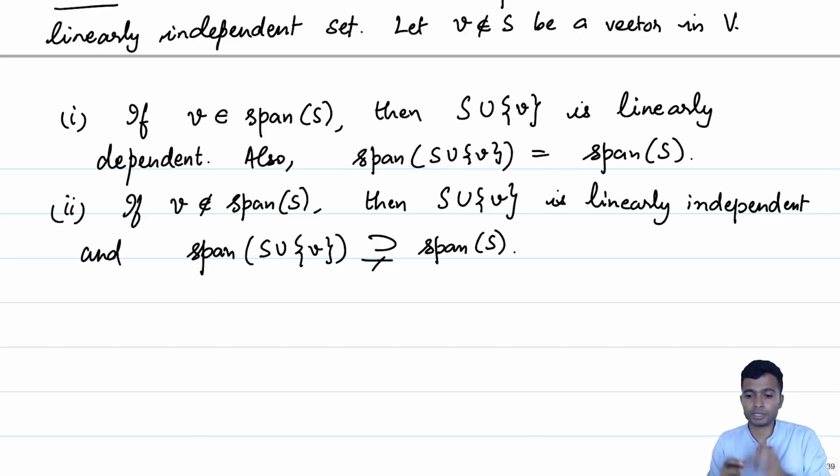So, a basis in some sense is that optimal set which is linearly independent and at the same time a spanning set. You remove one of them, the spanning property is lost. If you add one of them, the linear independence is lost. So 1 is quite deep in that aspect, the statement 1. And what about 2? 2 is telling us that if you don't have a basis already, let's not lose hope.